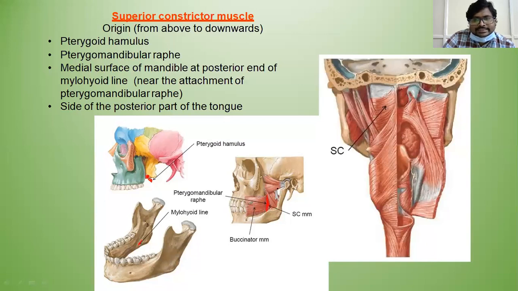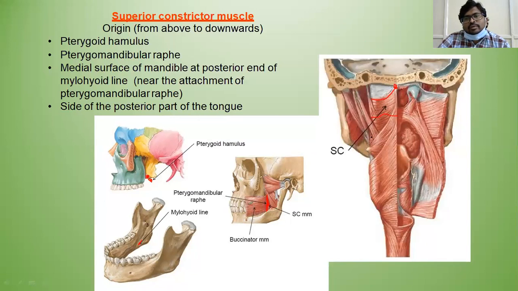Now coming to the insertion, you can see it occurs in 3 ways. The upper fibers project posteriorly, upwards and medially, and they insert into the pharyngeal tubercle. This is the pharyngeal tubercle. The middle fibers are horizontal in nature and they insert into the median pharyngeal raphe.